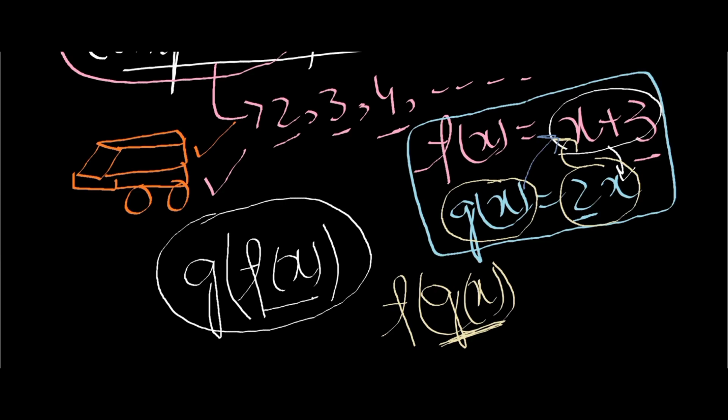So now I'm going to solve a composite function in front of you, and you will be able to understand it in more depth. I have two functions over here.